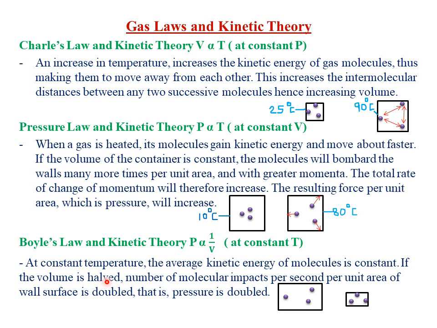So if the volume is halved, when you halve the volume of the container, it simply means that the number of molecule impacts or collisions per second per unit area of the wall surface will be doubled. Thus the pressure is also doubled. When the volume is large, you can see that the molecules have a lot of space.